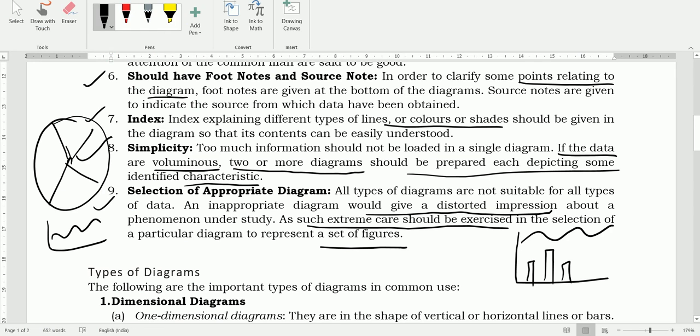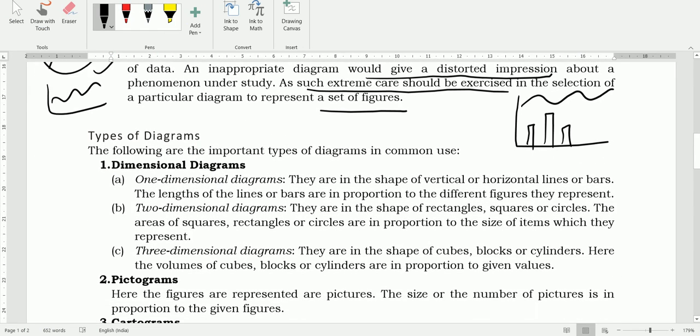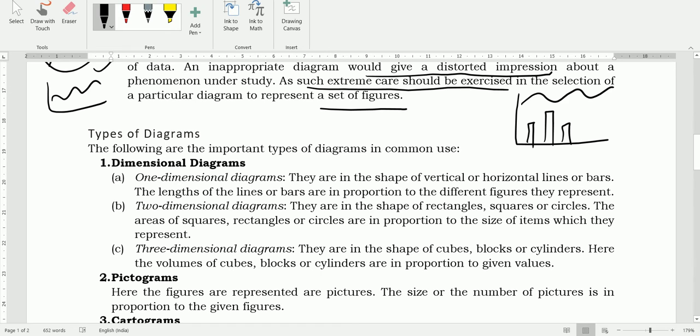So next we have different types of diagrams. The following are the important types of diagrams in common use. Number one, we have dimensional diagrams, and we have 3 types of dimensional diagram.